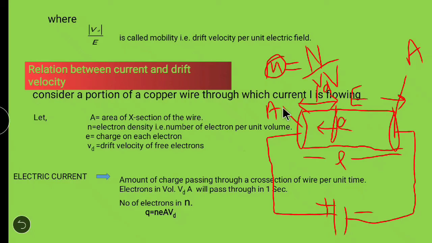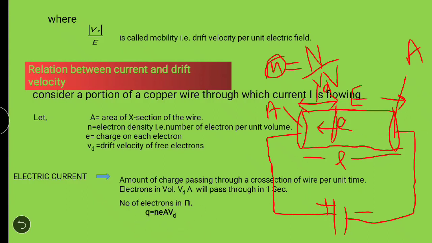So the total charge that will pass through this cross section in 1 second will be nEAVd. So it is passing in 1 second, so that will be the amount of electric current.